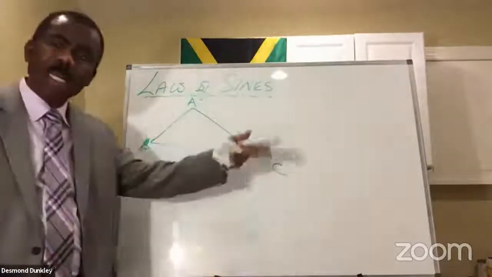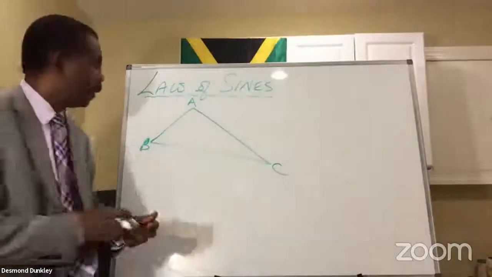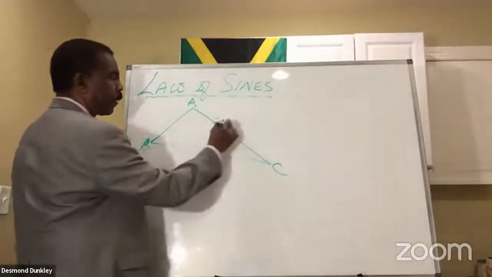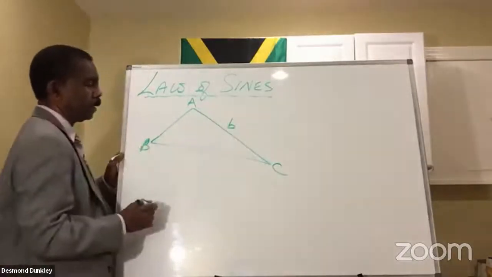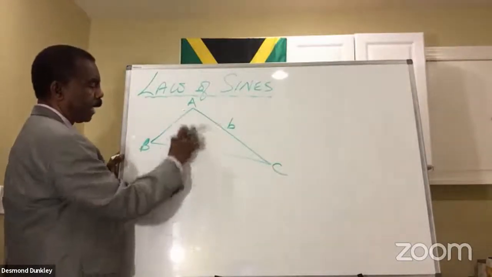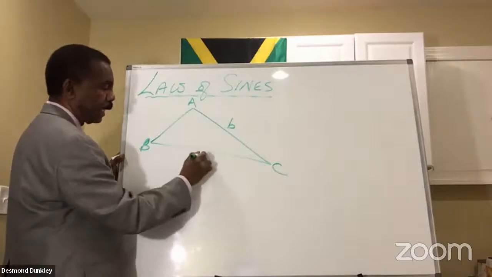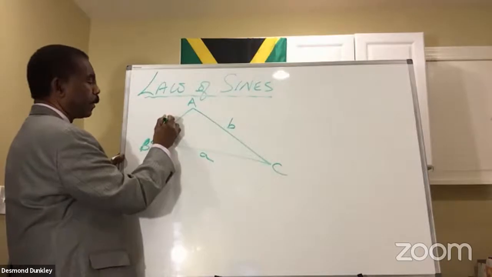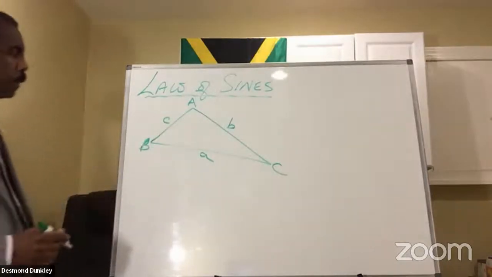I could use any letter I want, it doesn't matter. We know that the side across from this angle is called side b. The side across from this angle is called side a. The side across from this angle C is called little c.